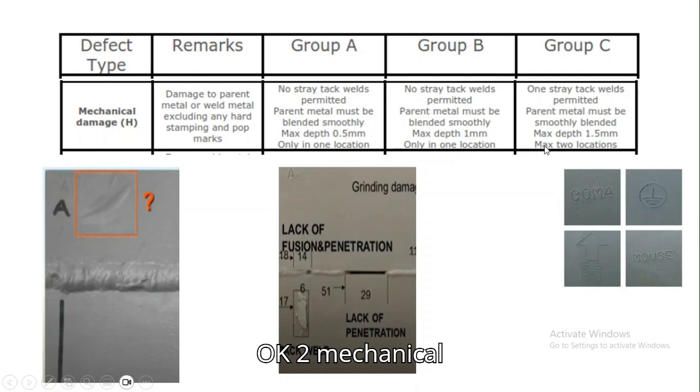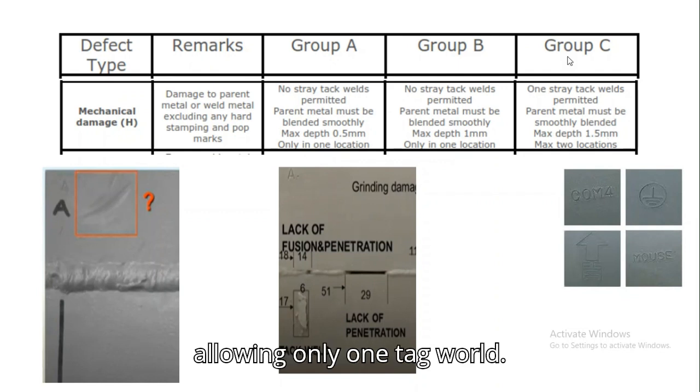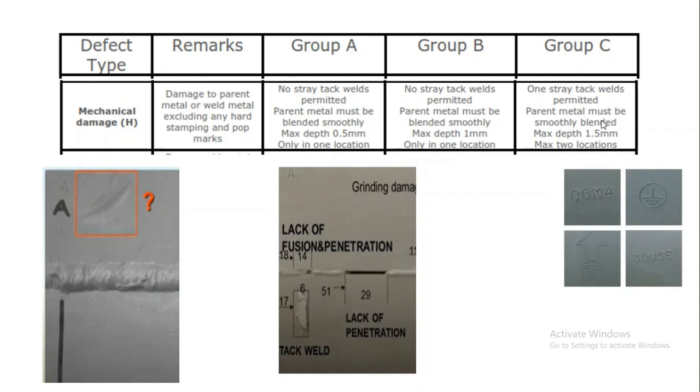Here you can see a maximum of two locations they are allowing. Two mechanical damages they are allowing in group C. If you notice two tag welds, is it permitted? No, it's not permitted because they are allowing only one tag weld. Here you have to consider chisel mark and grinding mark for this criteria.